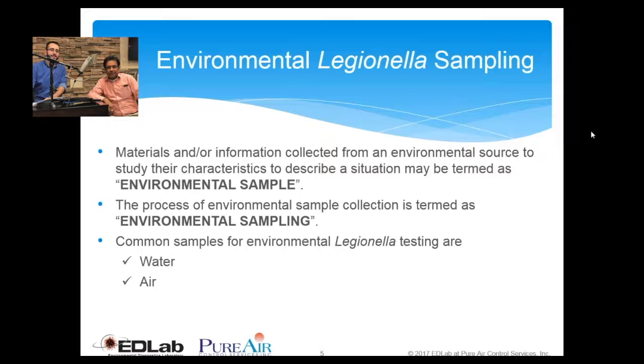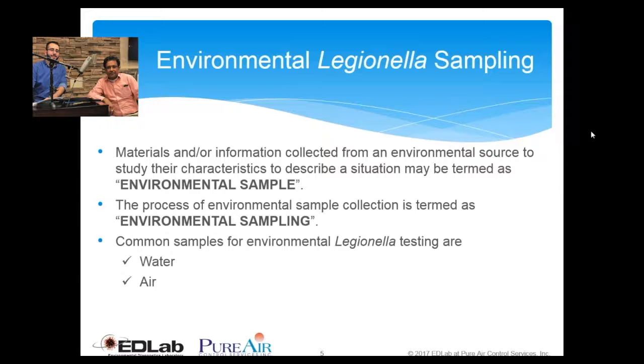The process of environmental sample collection is called environmental sampling. So why these two terms are very important here, because today we will be mostly emphasizing the various techniques and procedures for collecting the sample for testing Legionella. So commonly from environment we collect water and air to test the Legionella amplification or Legionella concentration, if any, in that particular matrix.